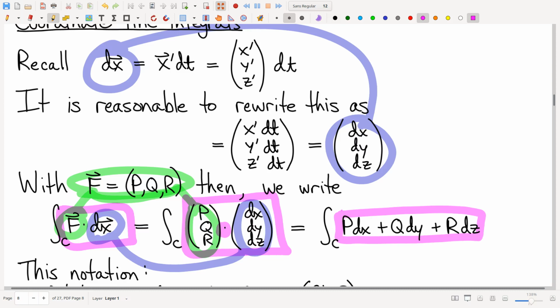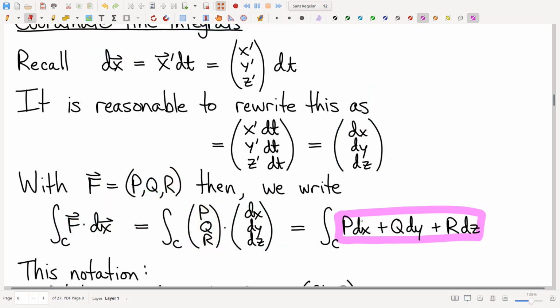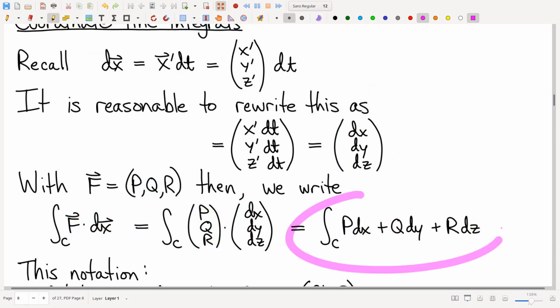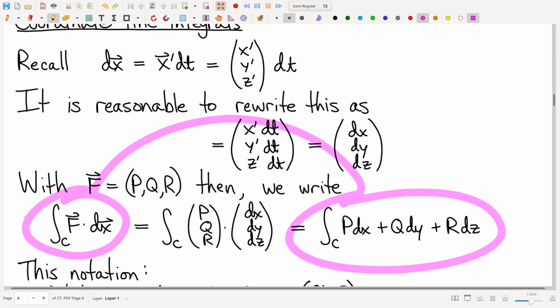Right? So again, weird. Who'd want to do this? What's to be gained from this? Why is this a good thing? How does this help me? In fact, let me complain about this before I say good things about it. What I have here is an alternative notation for vector line integrals, for which I already have a really good notation.